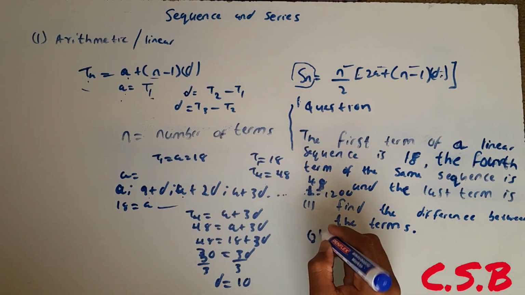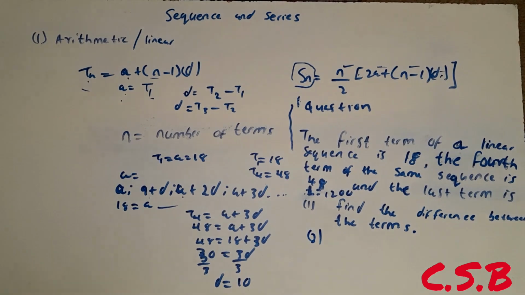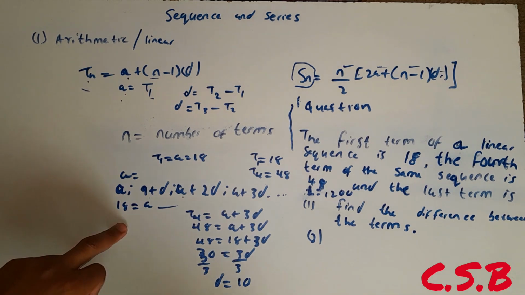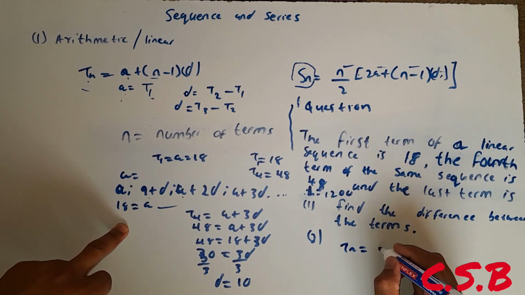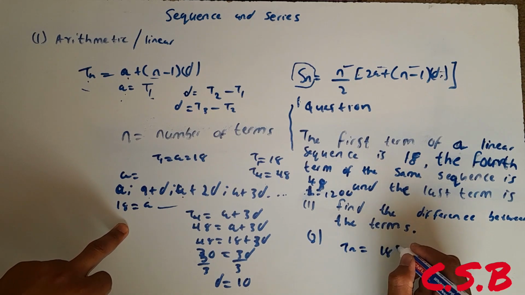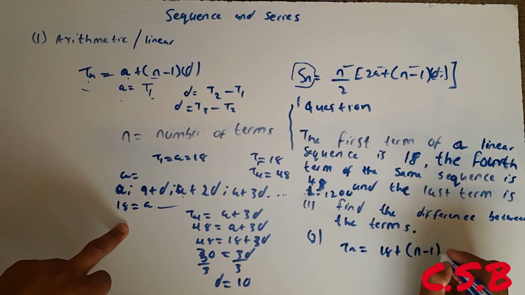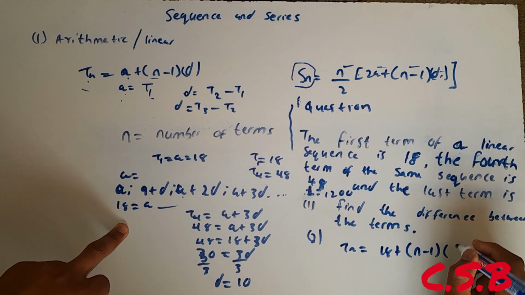The next question could be, find the general equation for this sequence. Finding the general equation is simple. We already have our a and our d. So Tn is equal to 18 plus (n minus 1)d.